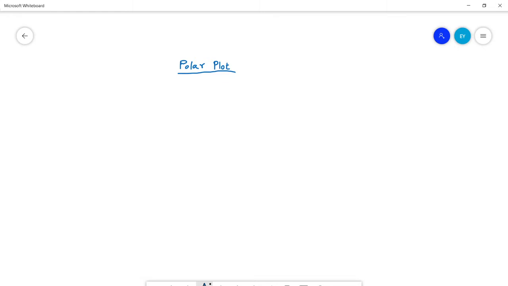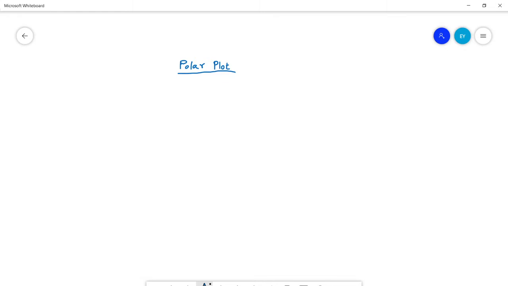Okay, coming to the polar plot. From our childhood, we would have heard of polar coordinates and Cartesian coordinates. From ninth or 10th class, we study geometry, where we see what Cartesian coordinates and polar coordinates are, right?